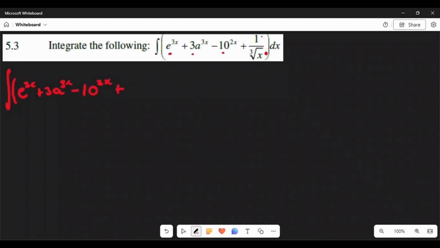Now this one here, we need to change this. We cannot integrate with the root sign like that, so we need to write 1 over. So if you change this into an exponent, this is going to be x to the power of 1 over 3, right?